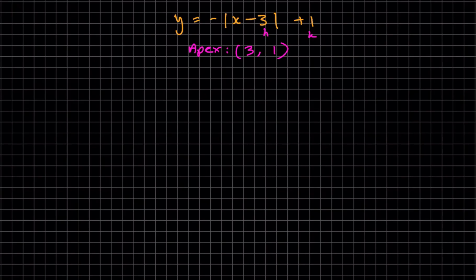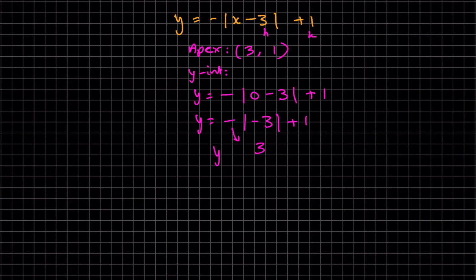We have to find our y-intercept, so we will make x equals 0. So this would give us y equals negative modulus of 0 minus 3 plus 1. So y would equal the negative modulus of negative 3 plus 1. The absolute value of negative 3 is simply 3, but we have to bring this negative down.